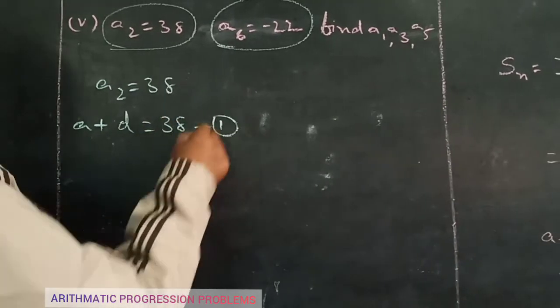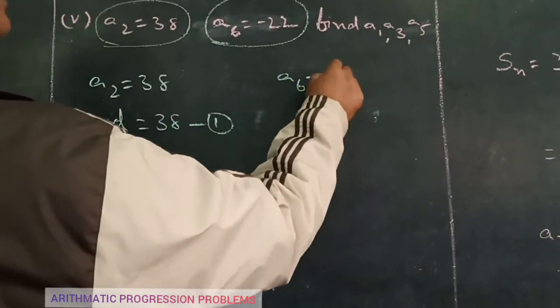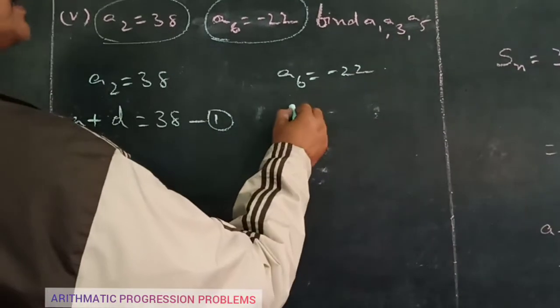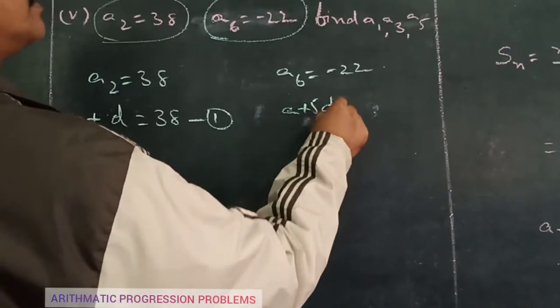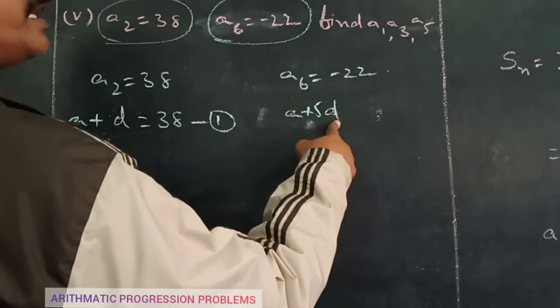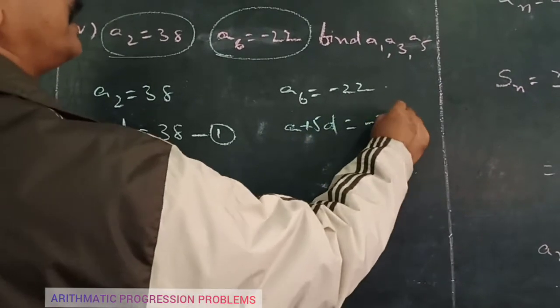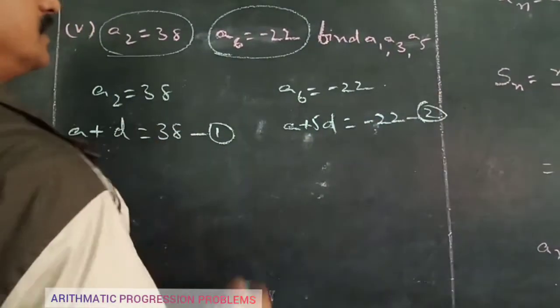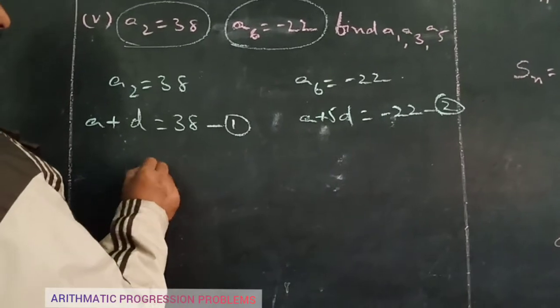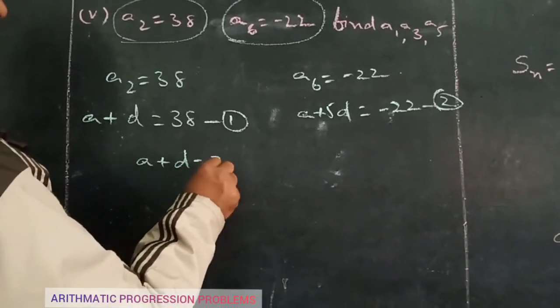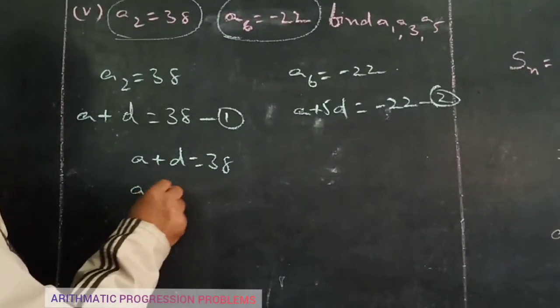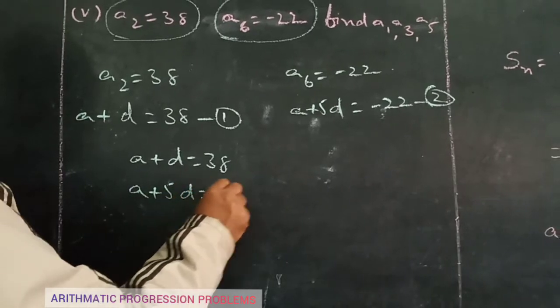That is the first equation. a6 is equal to minus 22. a6 equal to a plus 5d: a plus (6 minus 1) into d, so a plus 5d is equal to minus 22. That is the second equation. Solve these two equations: a plus d is equal to 38 and a plus 5d is equal to minus 22.